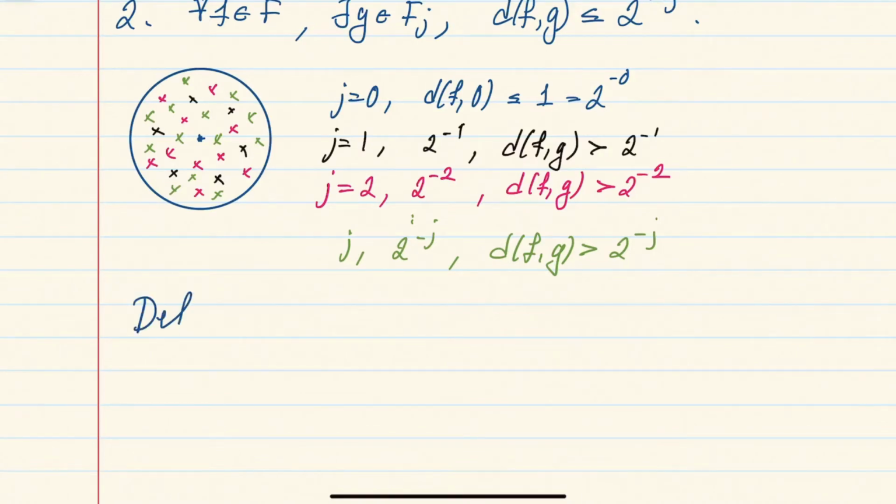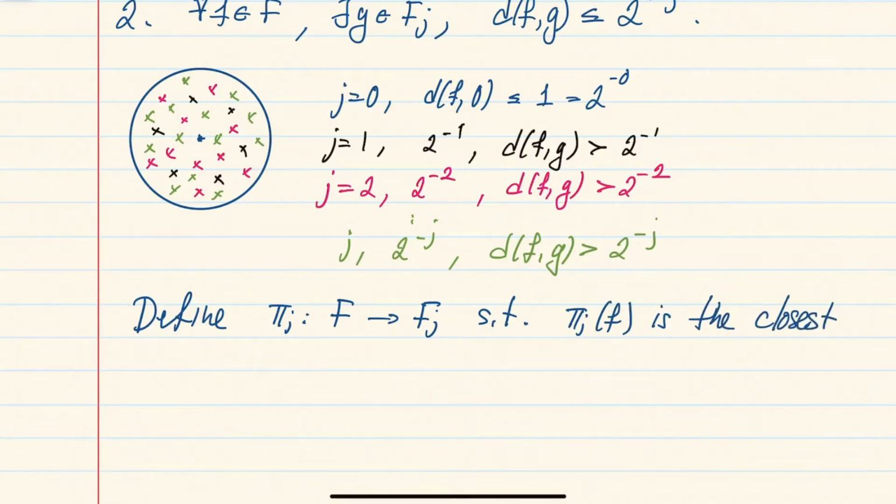Okay, so we'll define this projection Pj from F to Fj simply by choosing the closest point within distance 2 to the minus j, so that Pj of f is the closest point in Fj to our point f. Okay, and we break ties arbitrarily.